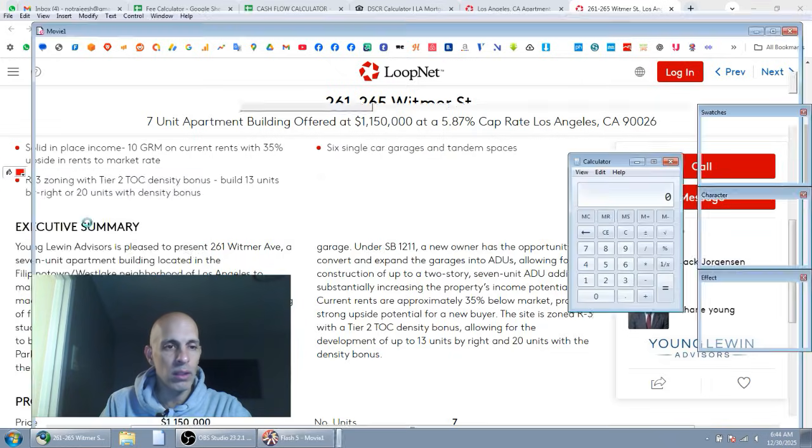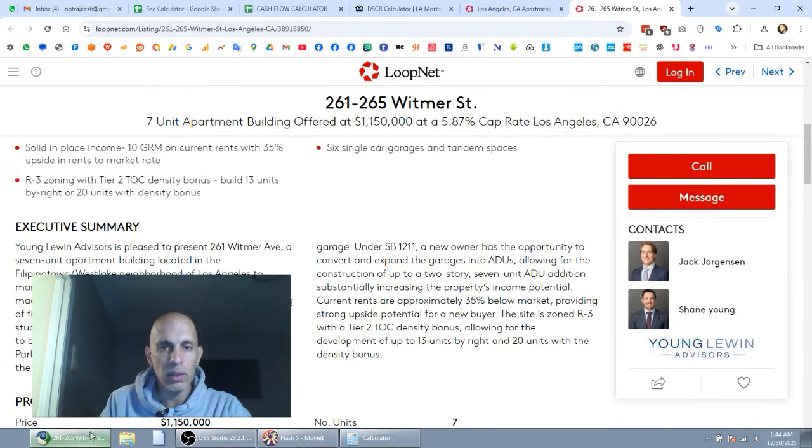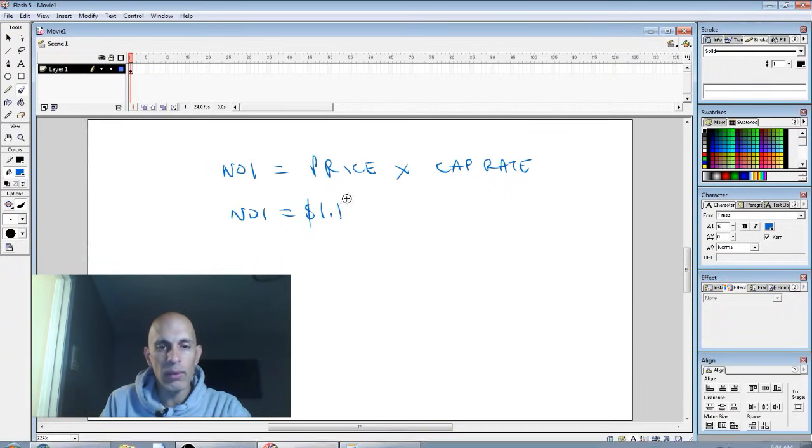So let's get out the calculator. First things first, NOI. NOI is equal to price times cap rate. What's the price here? 1.15.